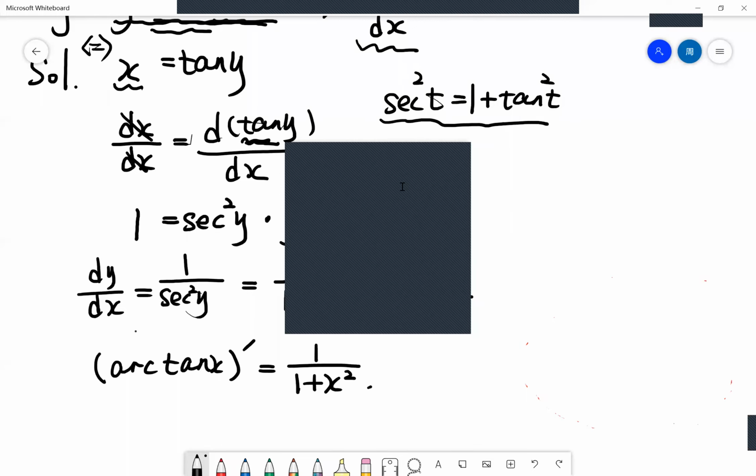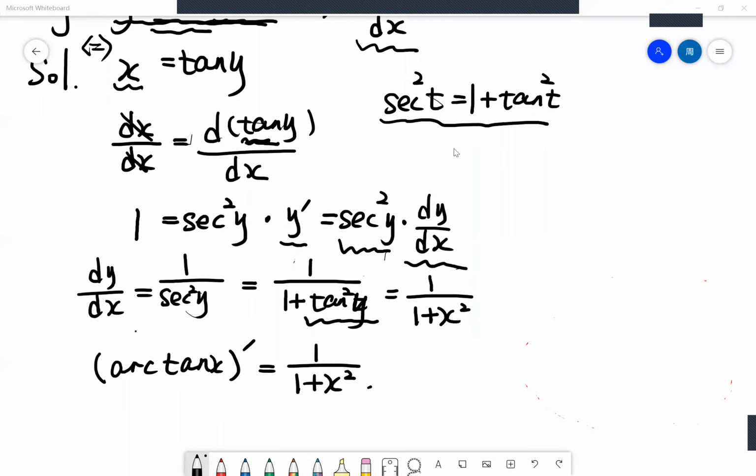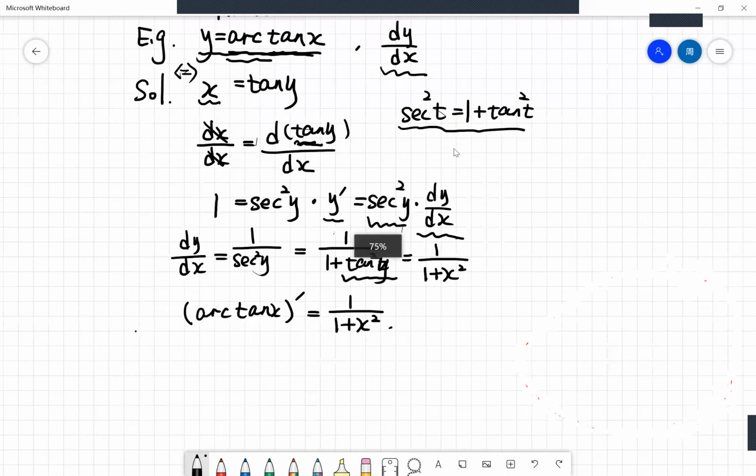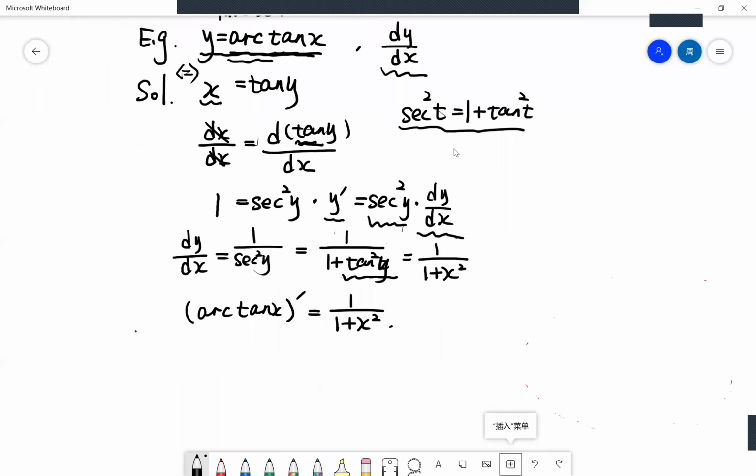You can see the recording, and I will give you more explanation on the whiteboard and send it to you guys, and you can understand a little bit more. The hard part to understand may be the y prime part. The y prime part actually means a composite function, so we just use the chain rule to calculate this part.